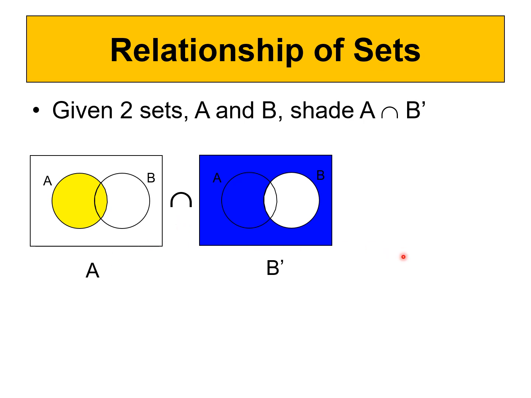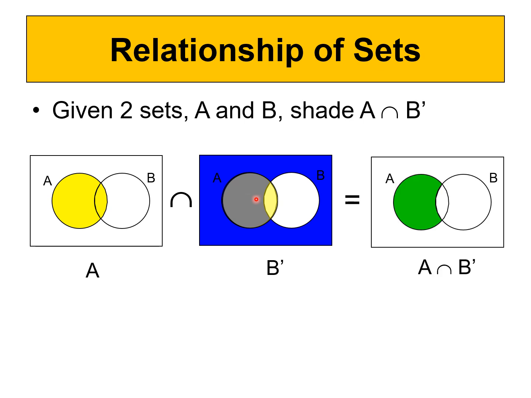So combining these two, I'm going to move set A into the set on the right. Because we use the term intersection, meaning common, I'm looking at the region that is overlapping. So the region that is overlapping, blue and yellow, when combined together, will give us green.